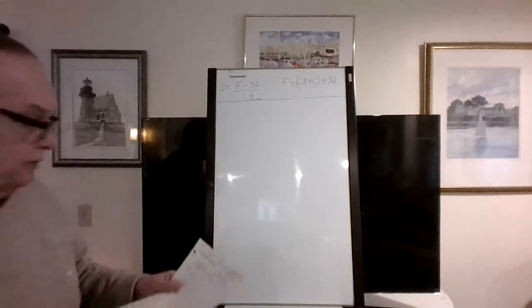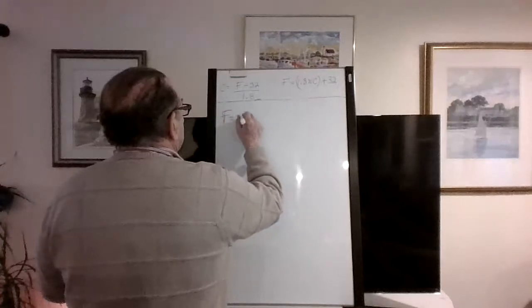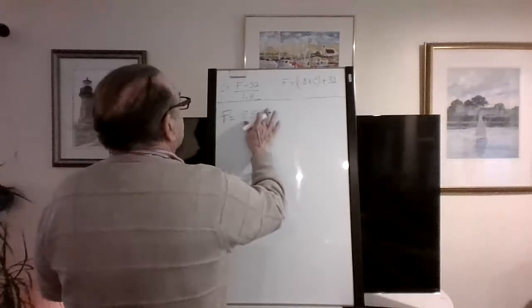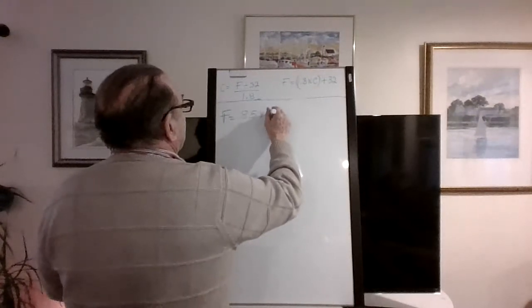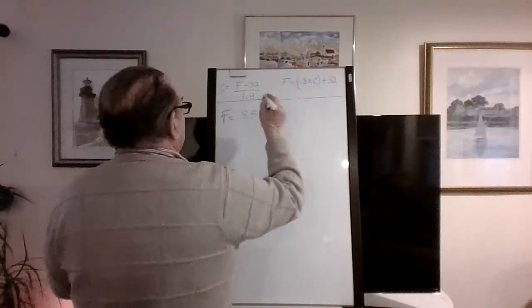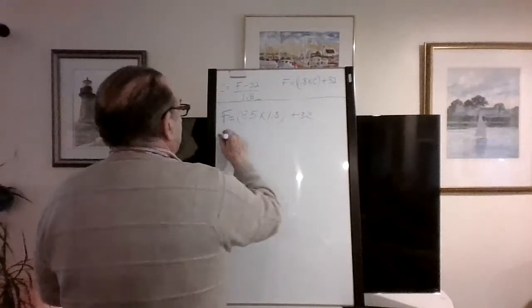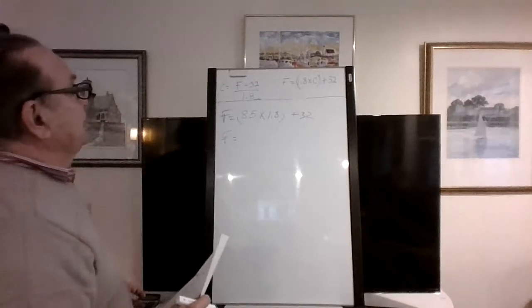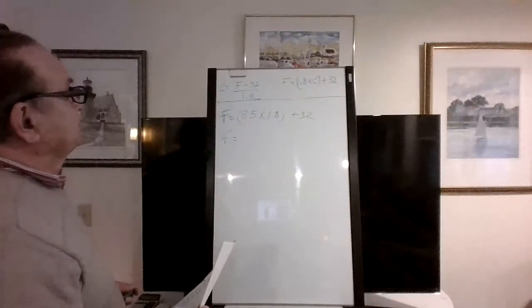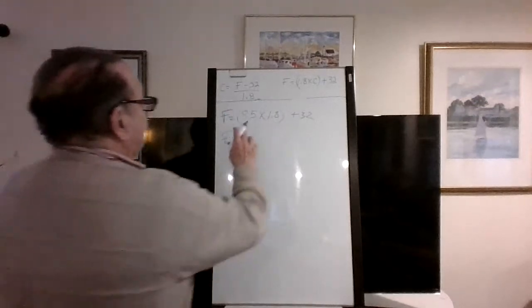So we got 85 degrees Celsius. All right, this problem right up here. Now, I reverse these. Don't worry about it. It doesn't do anything. So you got 85 degrees Celsius is going to be 85 times 1.8.